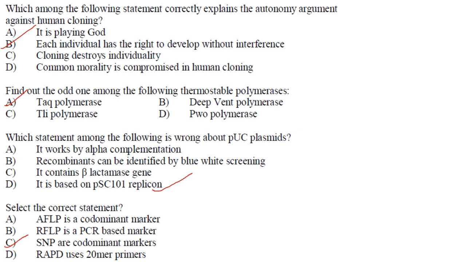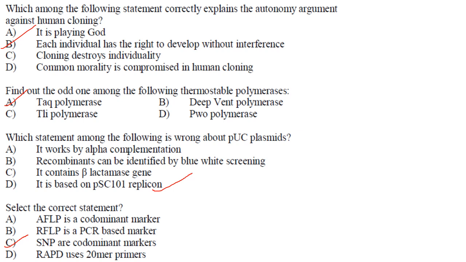Then next one. Select the correct statement. AFLP is a codominant marker. It is a dominant marker, not a codominant marker. So that statement is not correct. RFLP is a PCR based marker. RFLP is a non-PCR based marker. So that is not correct. SNPs are codominant markers. That is correct.